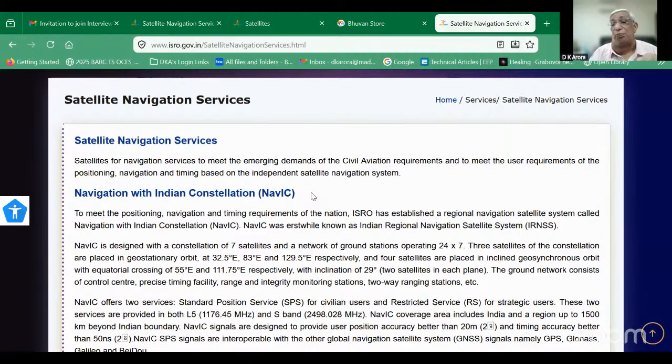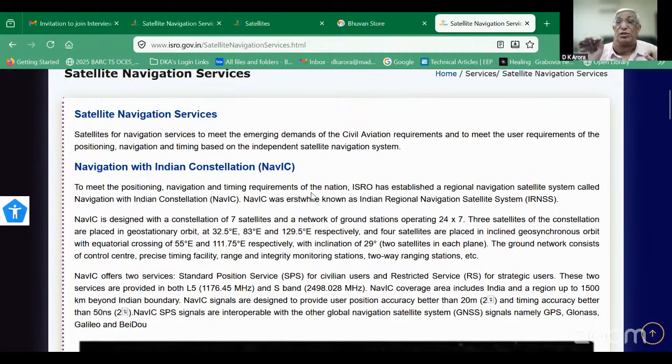And 4 satellites are placed in inclined geosynchronous orbit, right? The ground network consists of a control center, the precise timing facility, the range and integrity monitoring, and two-way ranging stations. 2 major services are being provided by NavIC. One is the standard position service for civilian usage, and then there is a restricted strategic service for strategic users. These are both provided.